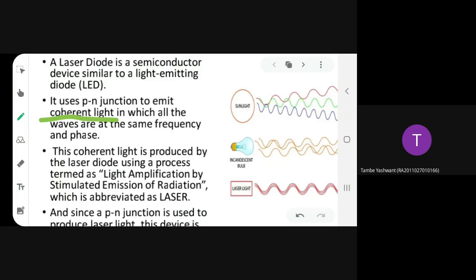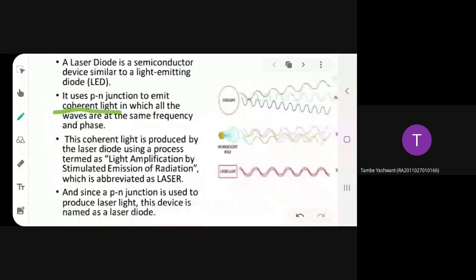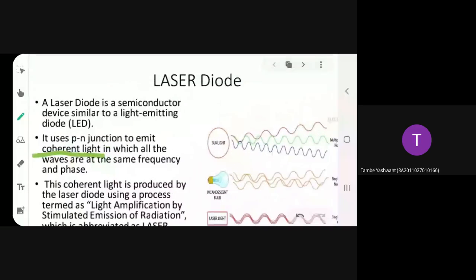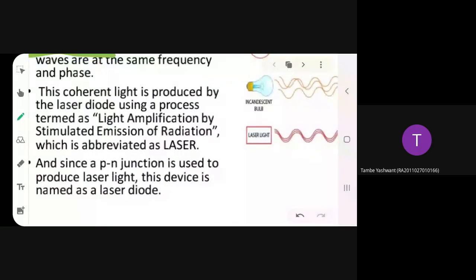Okay, now the expansion for the term laser we need to discuss. What is the expansion for laser? Light amplification by stimulated emission of radiation. Here you are going to use radiation, but you are going to control the amount of radiated light that is to be given to the application.